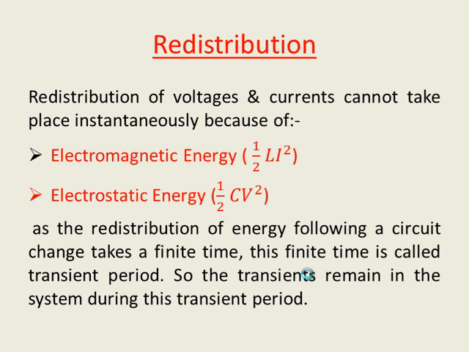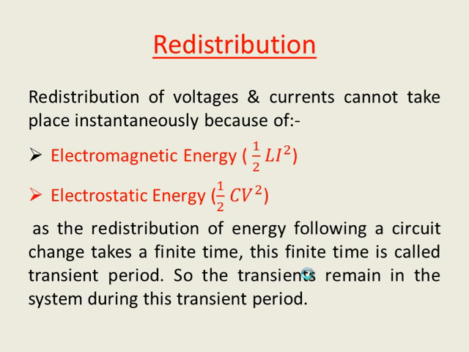That's exactly what I was explaining, that this redistribution of energy will take a little bit of time. It may be microseconds, milliseconds, or 1 to 2 seconds. That period is called the transient period, and the transients remain in the system during that period. Then after that they die out.